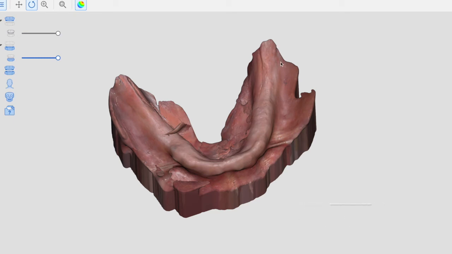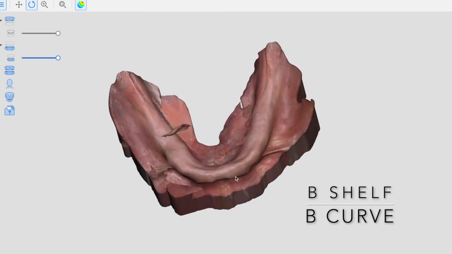The following reference mark is on this area right here, a very wide, flat region right here, and it's called the buccal shell. Another name is the B curve, buccal shell or B curve right here.